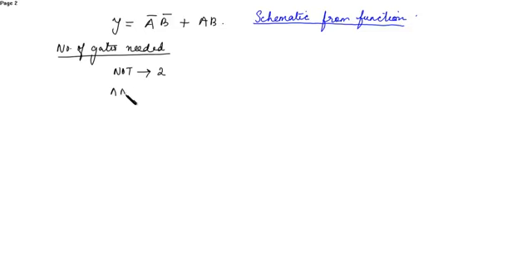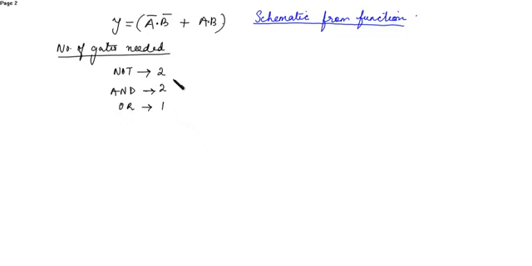Then you need AND gates for A bar B bar and for AB, that is again 2. Then the number of OR gates needed is 1, for A bar B bar plus AB.